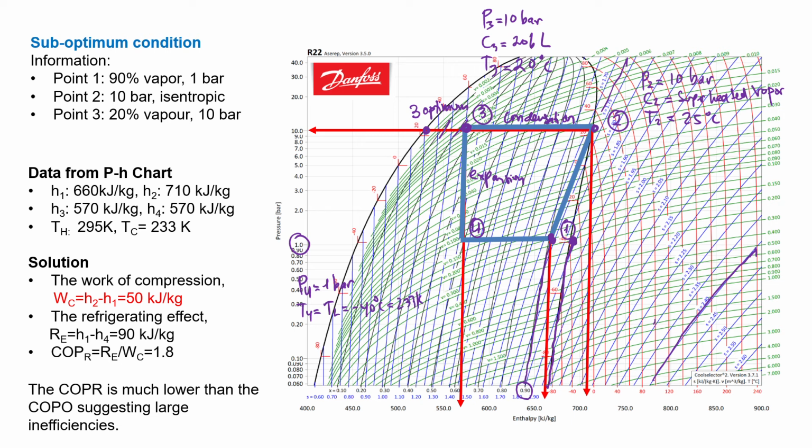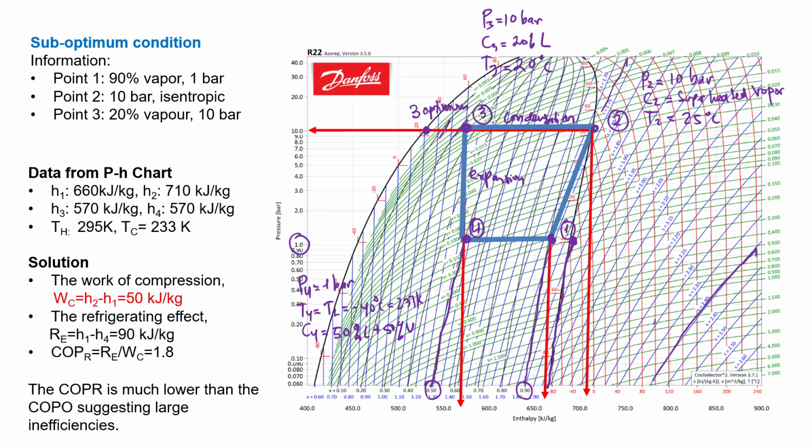That is T4. What is the condition of 4? You can check this one. If you trace down this line, it goes to this point. So it's 50% of liquid plus 50% of vapor. That's the condition. And next we go to the enthalpy value.